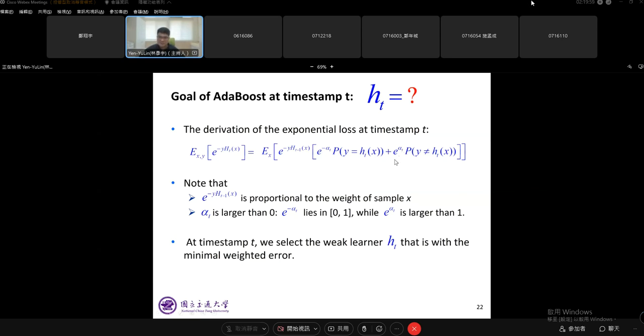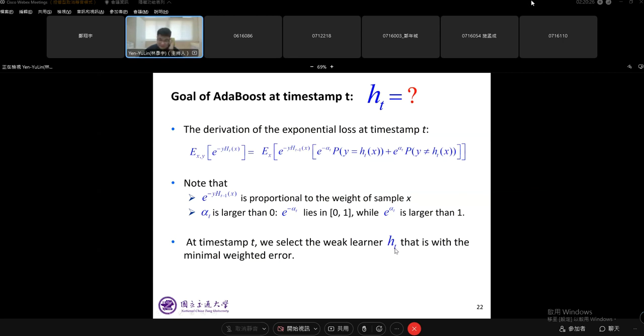According to this expression, if we want to maximize this probability, we need to minimize the weighted error. The weight is here. We want to minimize the weighted error such that we can minimize the so-called exponential loss.